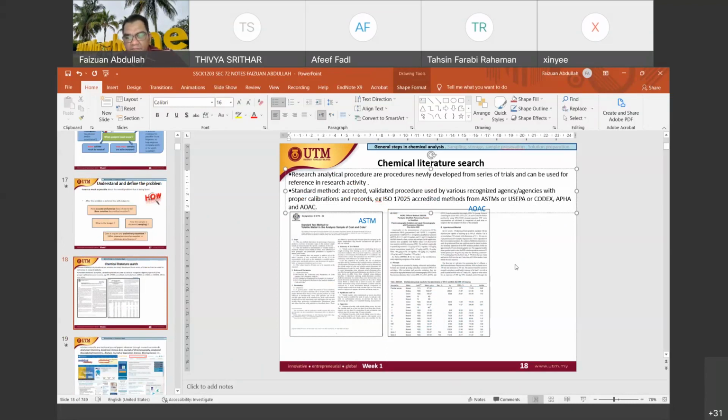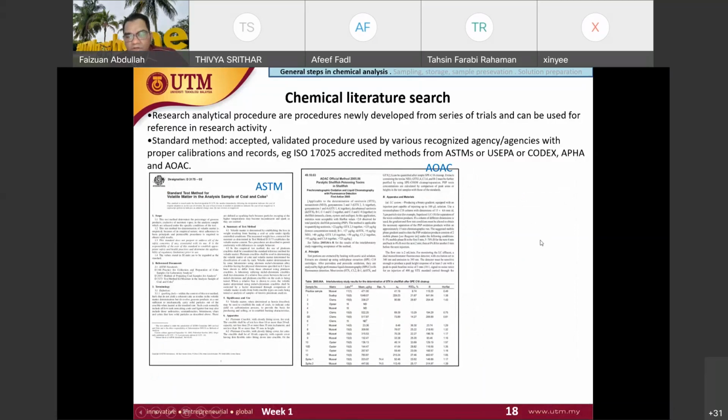These 5 things, I need you to search individually, and I will ask next week. Not randomly, but I will make sure that most of you will be asked about this: what is ASTM, US EPA, Codex, APHA, and AOAC. Right, clear?